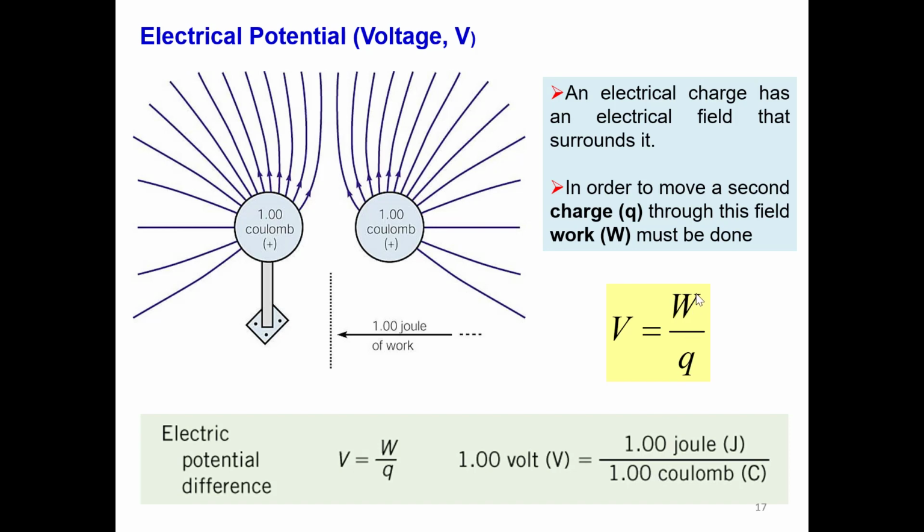The units for work are joules, and the units for charge are coulombs. Joules per coulomb is defined as the volt. So one joule divided by one coulomb equals one volt. And these are the units for electrical potential or voltage: the volt.